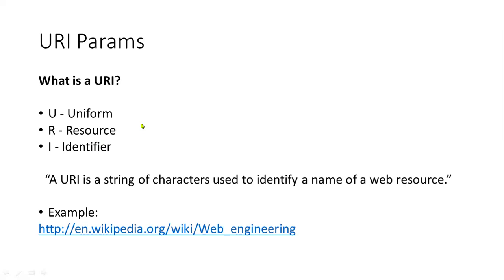So instead of having a separate page for each product, you can use a single page and dynamically change the information based on the product ID passed in the URL. In Spring Boot, URI parameters are defined using the path variable annotation in the controller class.